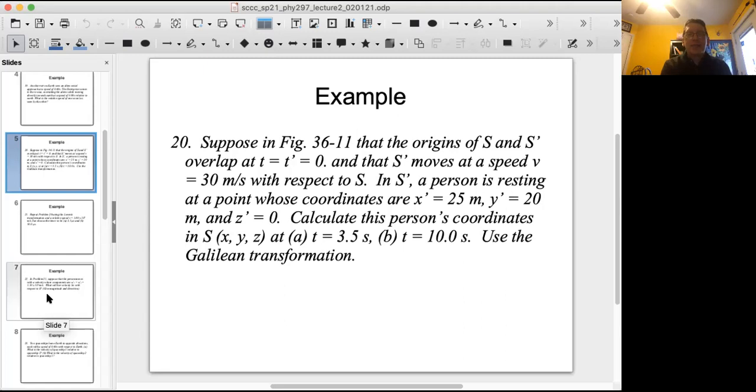So the coordinates are x prime equal to 25 meters, y prime equal to 20 meters, and z prime equal to 0. And we're assuming v moves to the right. So we're taking the positive x direction as the direction of the velocity. And in special relativity, velocity is constant, so we don't have to worry about the directions changing. So what do we have?